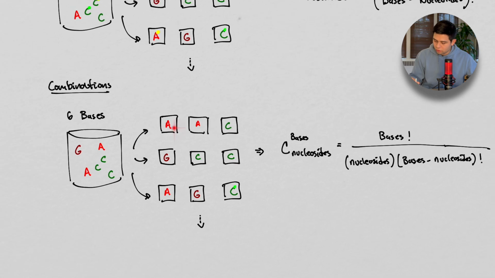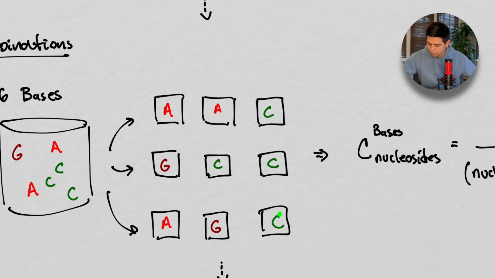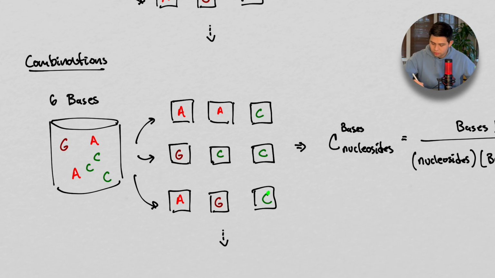And so we could have this potential situation where this accounts for something that looks like this, right? It doesn't matter if things are radio labeled.